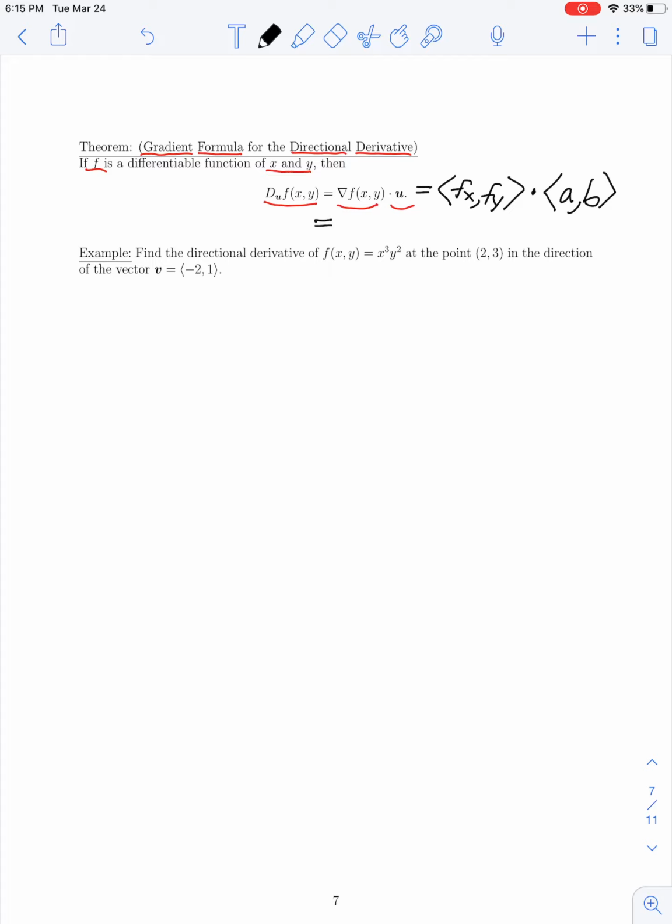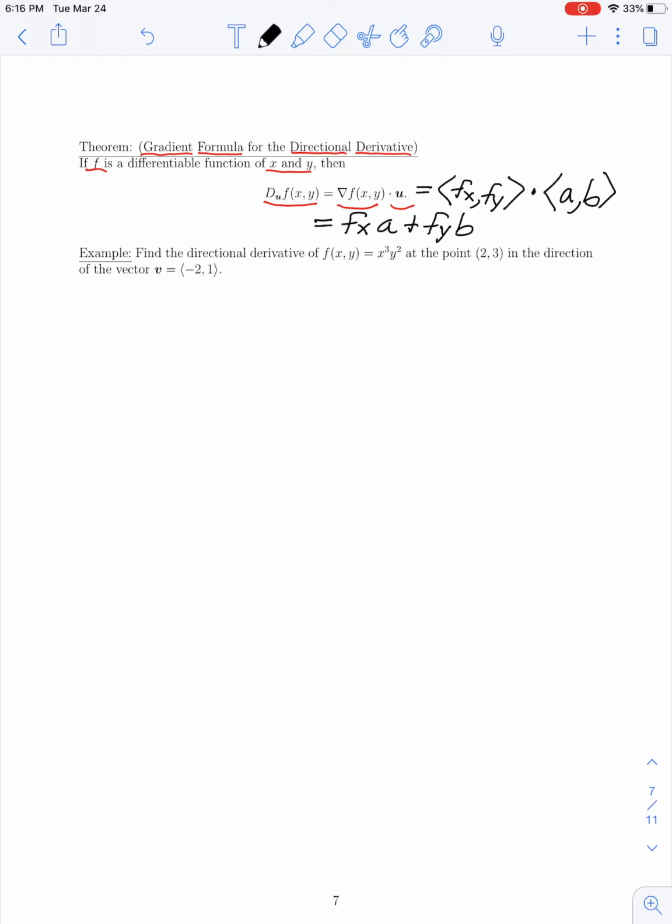Now, using the definition of the dot product, we would be looking at the product of the first components, that is f sub x times a, and then we would add the product of the second components, partial derivative with respect to y times b. And this is the exact same formula that we were already using to find the directional derivative. So now we can write it a little more concisely in terms of the gradient vector and a dot product.